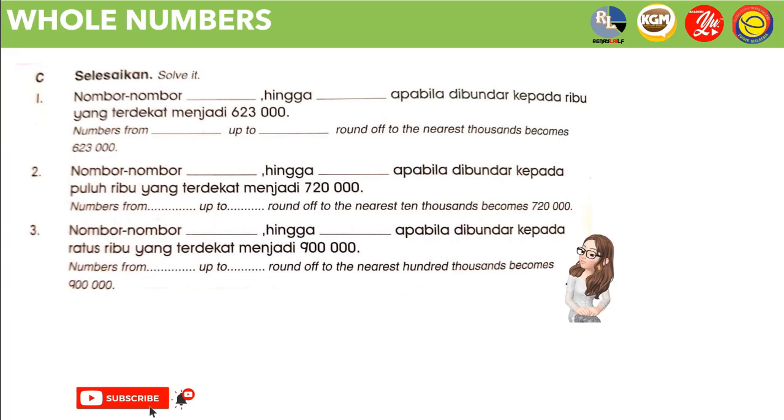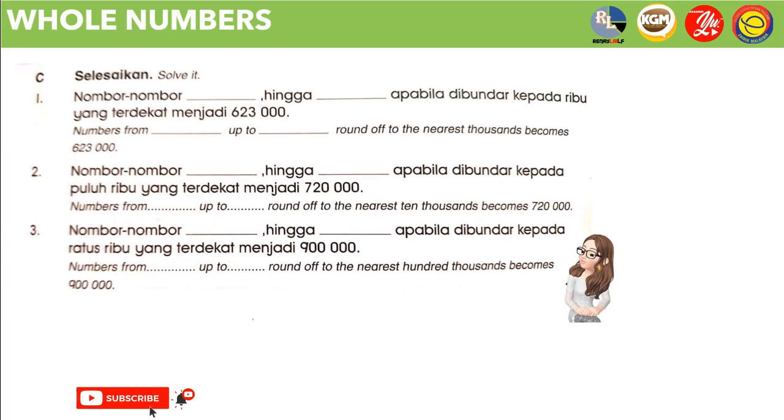There are many numbers, so we just have to find between which number to which number. So I'll just give you the answer. If you need to know how to go about it, you can go to my channel and find the video on rounding off again.